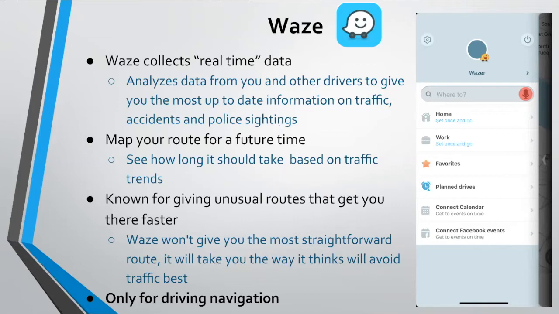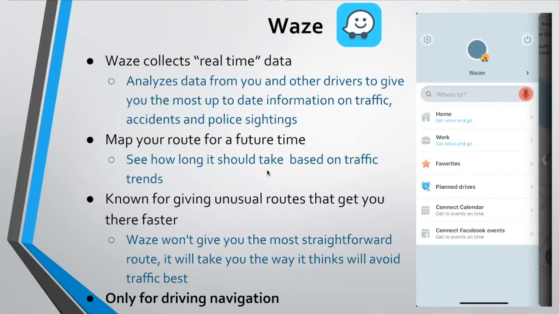And everybody who's using Waze at that time can get a notification and see, oh, there's a traffic collision on this freeway, so make sure to avoid that. Or there's a police sighting, so you guys should slow down, because I know living in California, everybody's going super fast.